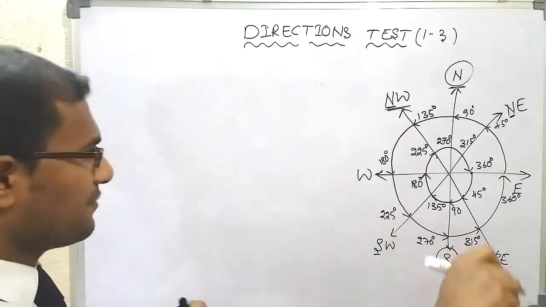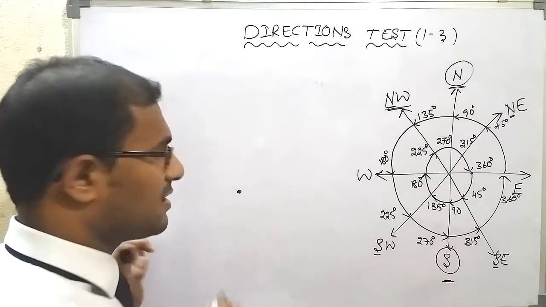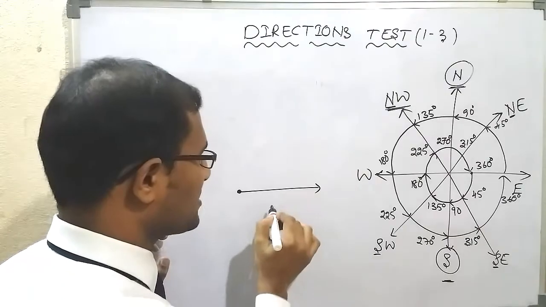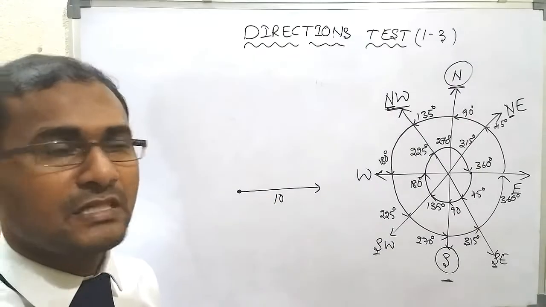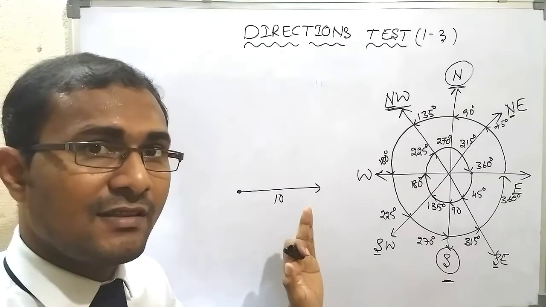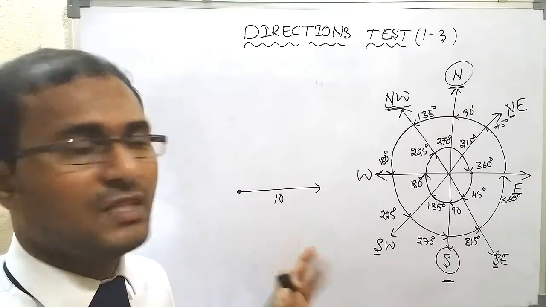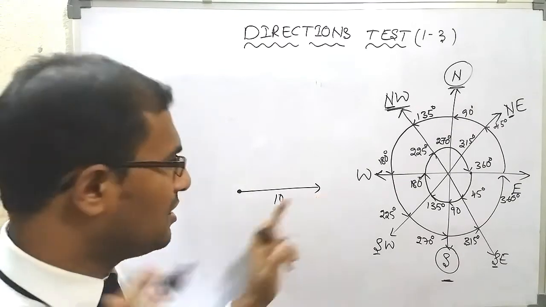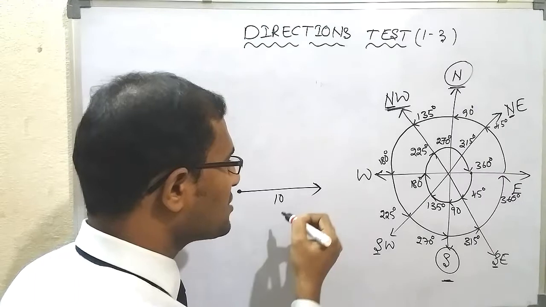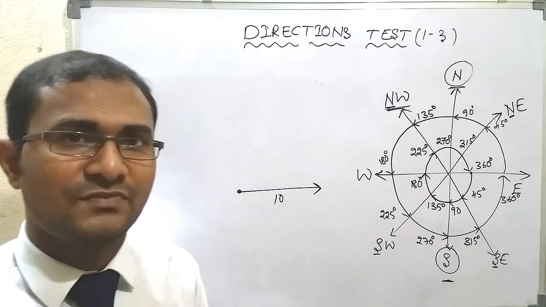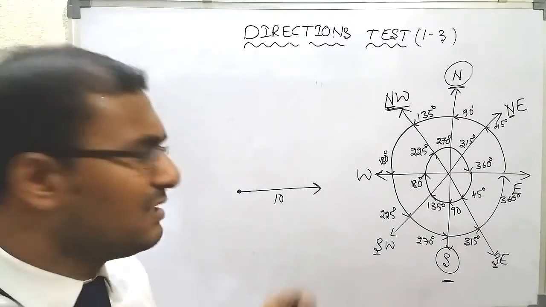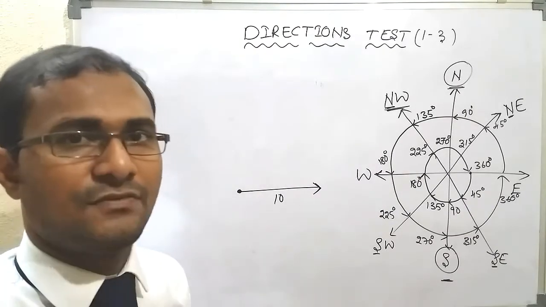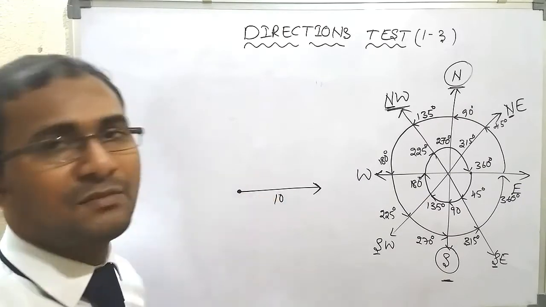Now let me explain you one point. For example, one person started from his house and he covers a certain distance, maybe let us suppose 10 meters or 10 kilometers in the east direction, and after that he took a right turn. A person who is moving in the east direction took a right turn. Now for a person moving in the east direction, what is the right turn? Simply, in order to decide a right direction and a left direction, imagine yourself in place of that particular person.